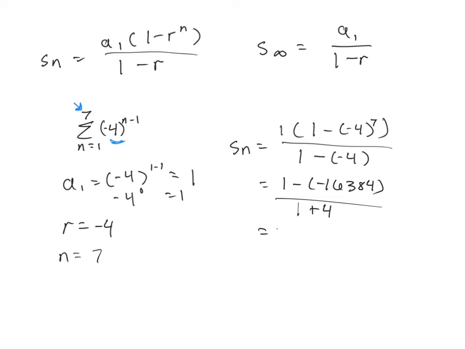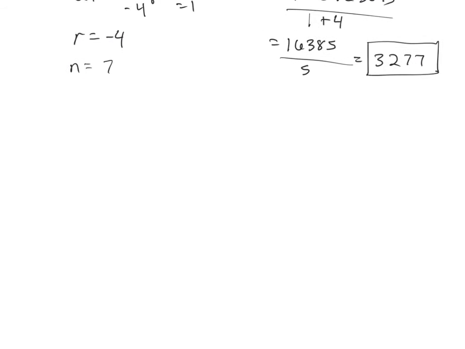This should be 16,385, because we're just adding 1 to that, divided by 5. Divide 16,385 by 5 and we get 3,277. So our partial sum from n equals 1 to 7 is 3,277.